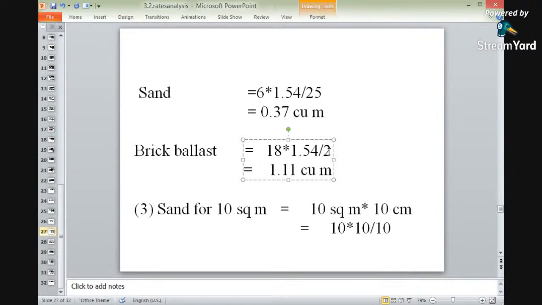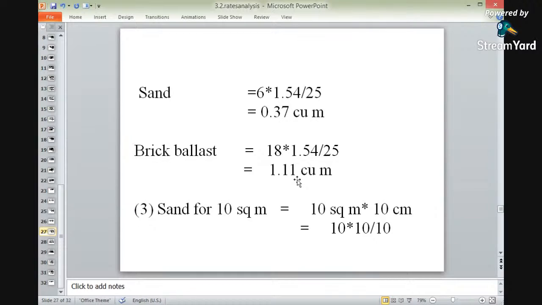Here the total is 25. Sorry, 25. So 25 is the total parts. So 18 multiplied by its volume 1.54 divided by total parts, after addition 25. So simple division and multiplication. It comes to be 1.11 cubic meters.